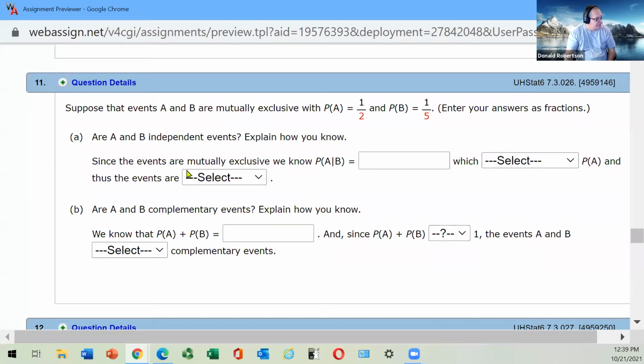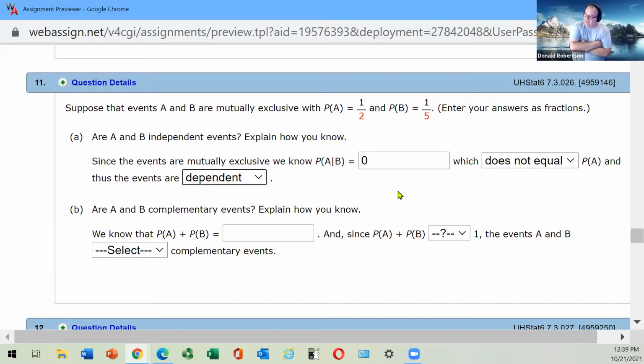Well, since these events are mutually exclusive, don't we know that the probability of A given B will be 0? We agree? When you're mutually exclusive, which does not equal the probability of A. And since they are not equal, they are, oh good, they're starting to use the word dependent.